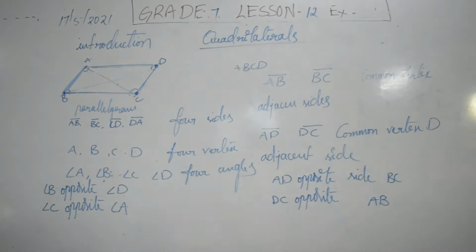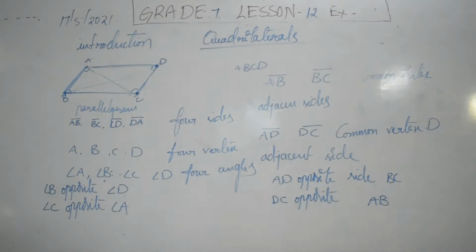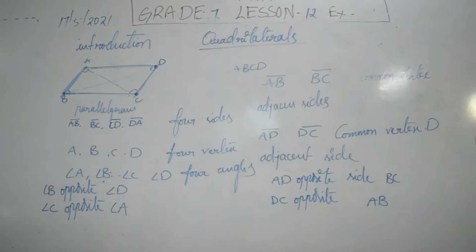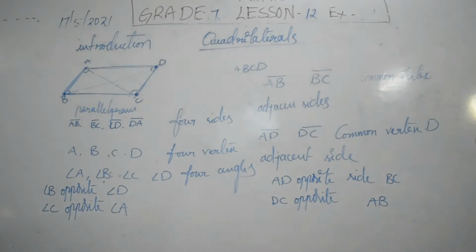Next, interior and exterior of a point. We know what is the interior: inner side. What is the exterior: outer side. So in a picture, the inside is the interior. Some points on the outer side of a picture, that is the exterior.